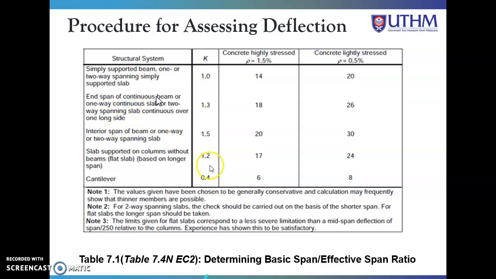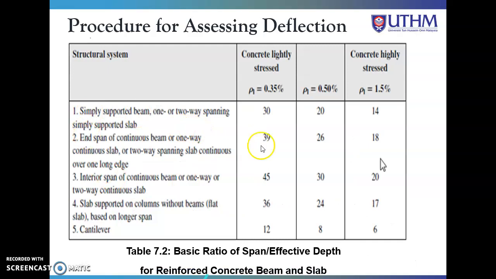So, this is the nilai K yang kita perlukan. And this depends on the rho yang kita dah kira. So, rho tadi adalah 100 AS required divide by BD. So, this is table 7.1. Table 7.2 benda yang sama juga, nilai L over D, basic ratio of span over effective depth.